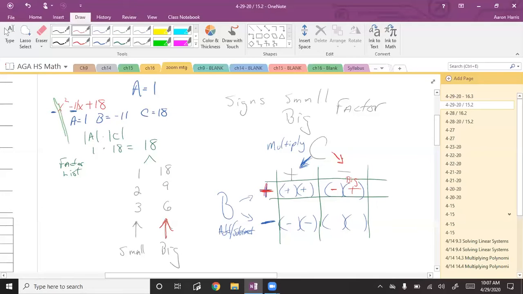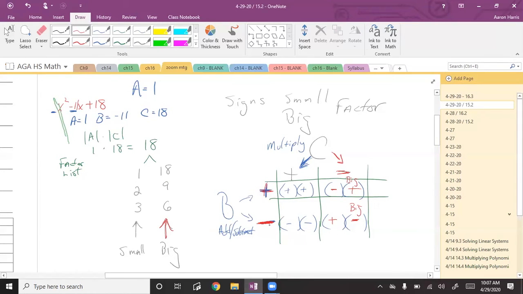Now, what if C is negative, but B is negative also? Then the negative number has to be bigger, and the smaller number has to be positive, because a positive times a negative gives me my negative. But a positive plus a negative, where the negative number is bigger, will give me a negative number.